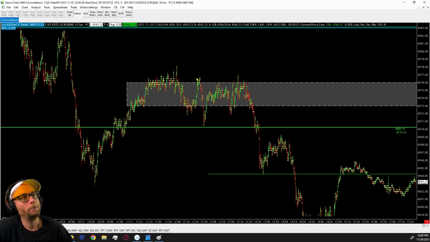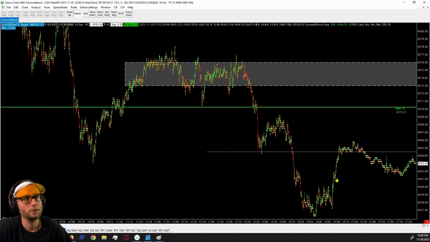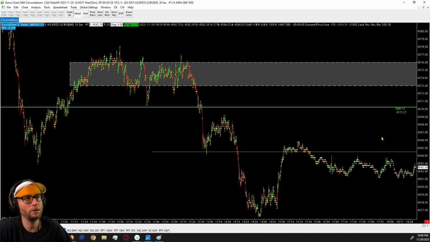And right here, it pukes up, slips, fills in the slip, puke. So we know there's a slip zone in this region right here. So we know this is range expansion. But this is tighter range up here, but we know this entire area here could become a bigger range, which seems to be the case in the overnight.